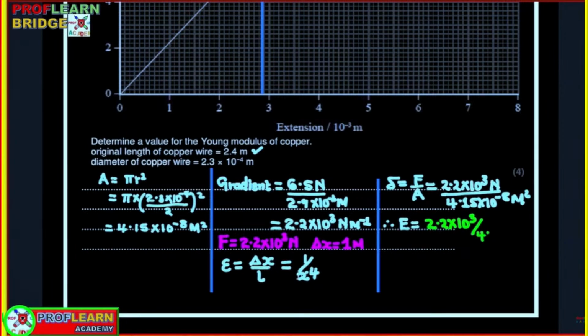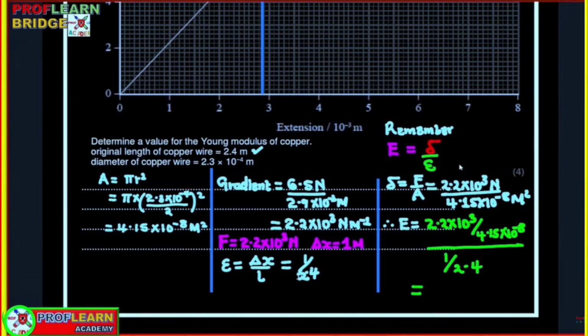Then now we know Young's modulus E is equal to stress over strain. Our stress, we have it as 2.2 times 10 raised to the power 3 over 4.15 times 10 raised to the power -8. Everything divided by the strain, which is 1 over 2.4. So working it out, this is going to reduce to what?